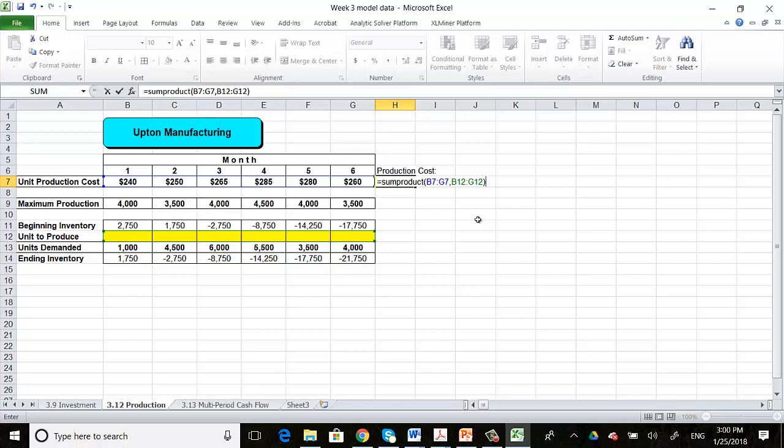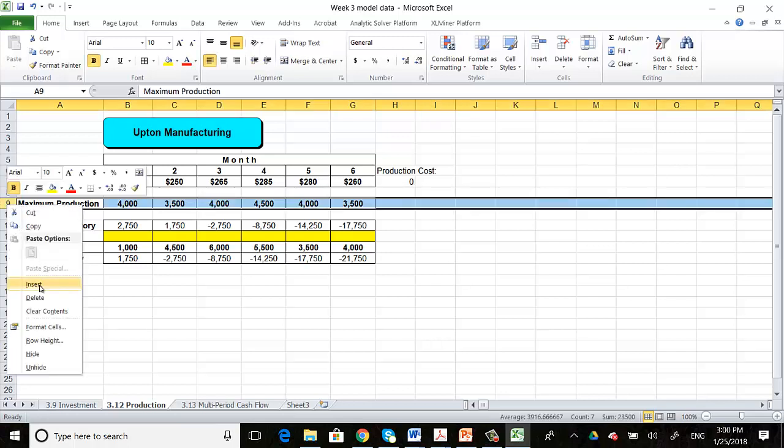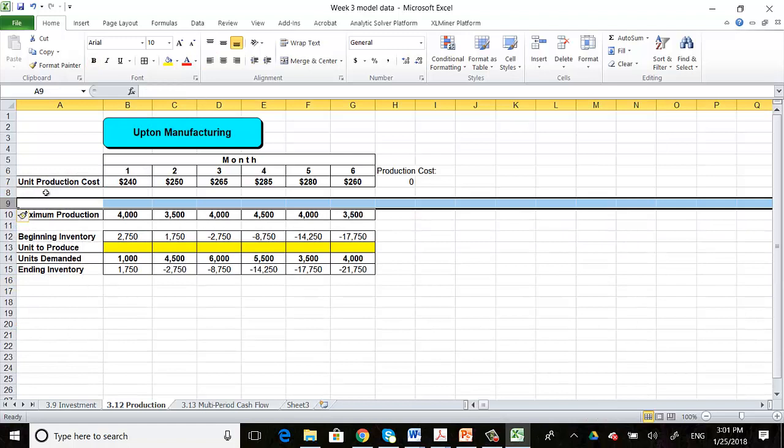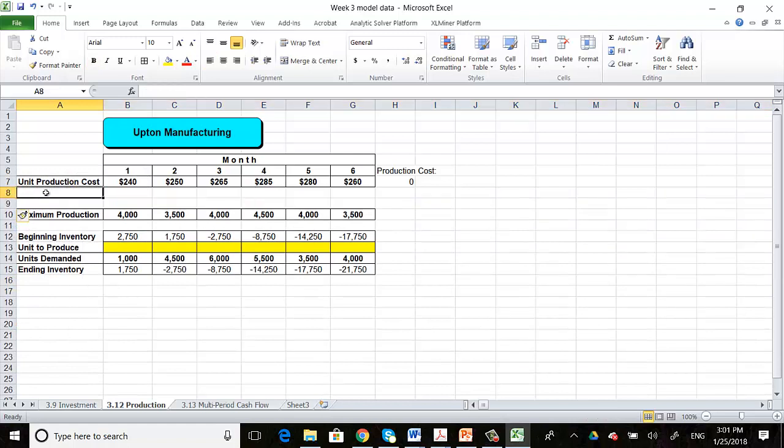Okay, so then we also have the inventory cost. Let me insert another row here to calculate the inventory cost. To be consistent, I'll put the unit inventory cost.